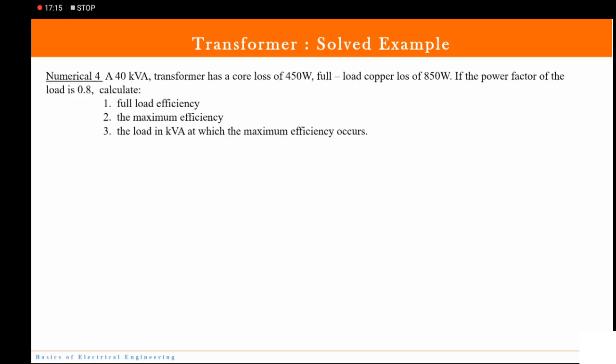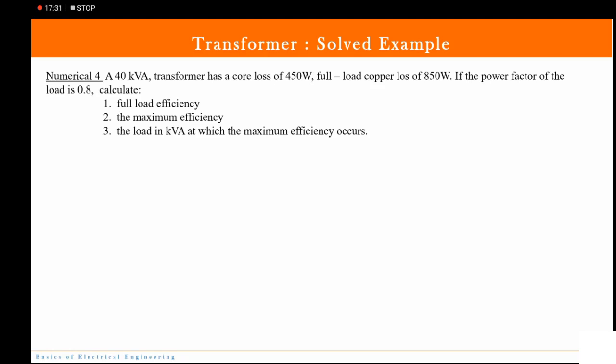Now this numerical says a 40 kVA transformer has a core loss of 450 watts, full load copper loss of 850 watts, and the power factor of the load is 0.8.